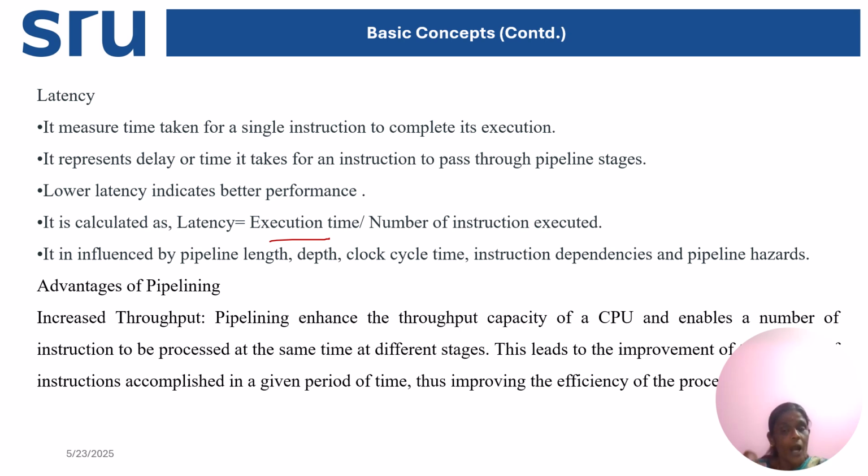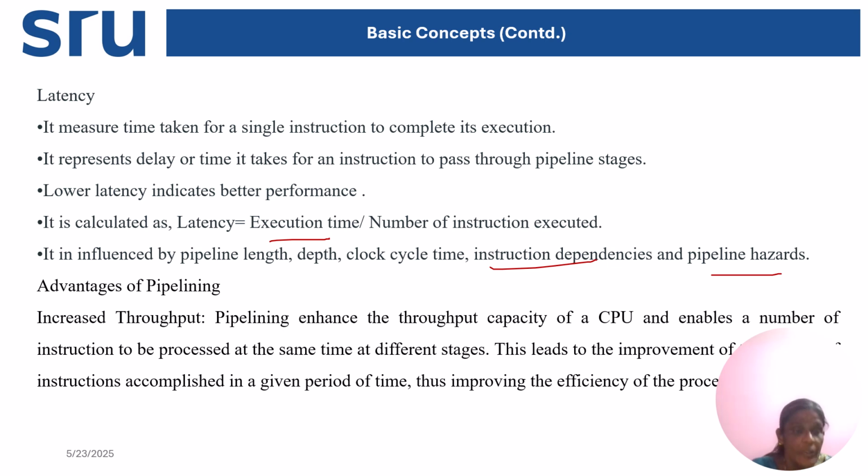Only then will the input given to the second instruction be correct. Otherwise, if the execution of the first instruction is partial, the input given to the second instruction will not be correct. That is why dependency should be taken care of carefully, otherwise the execution will become wrong. These are instruction dependencies and pipeline hazards, an internal problem.